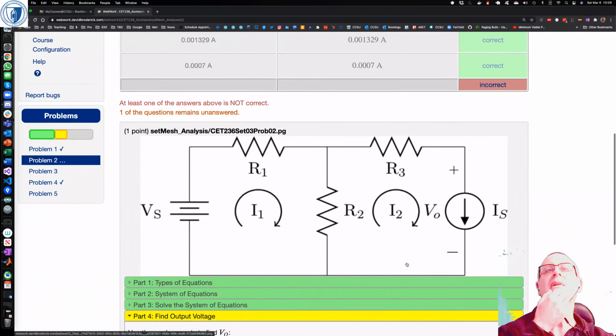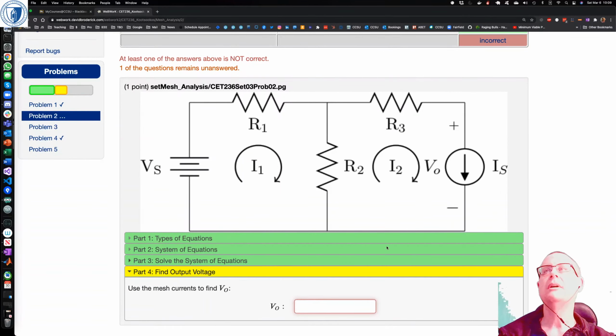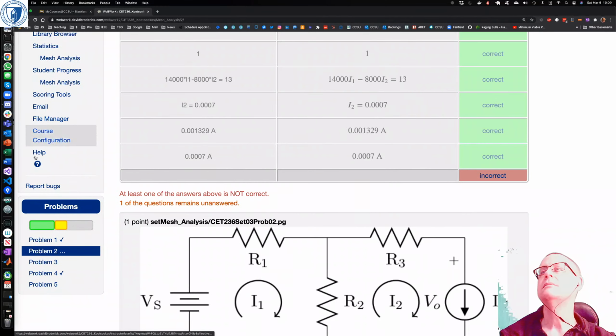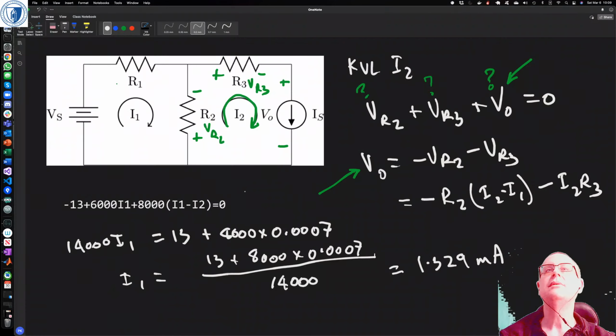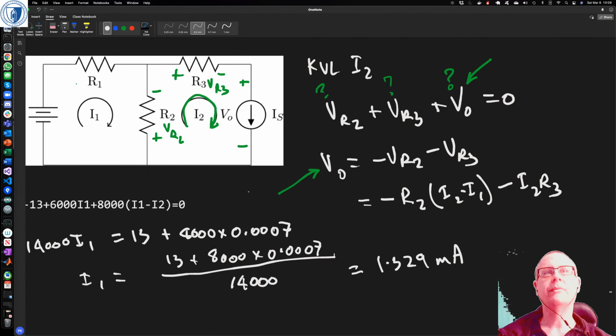Okay, so now everything is correct. And now let's figure out what, where's it gone? There it is. Right, so there's our V out.